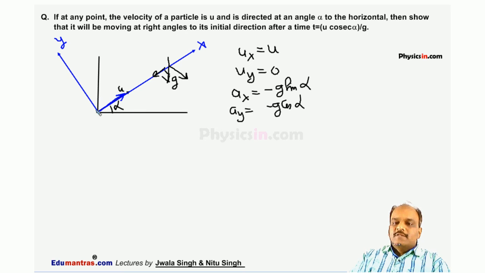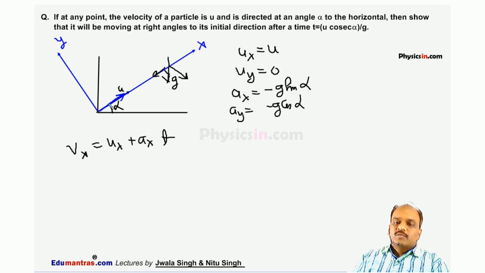The question says the initial velocity is along the x-axis. The velocity along the x-axis is ux plus ax into t. When the particle is moving along the y-axis, it is perpendicular to the initial velocity, so the velocity along the x-axis becomes 0 at that instant.